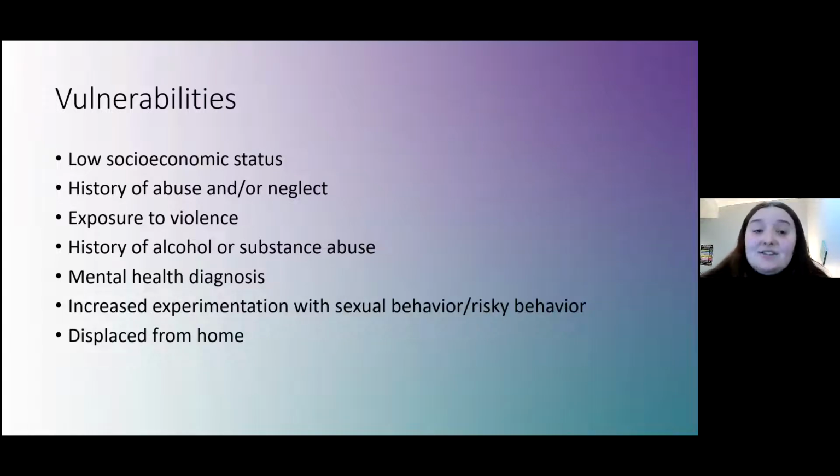And age is also a huge vulnerability. Young people, their brains aren't fully developed. So traffickers acknowledge that, and they use that to their advantage. And low self-esteem or self-worth.